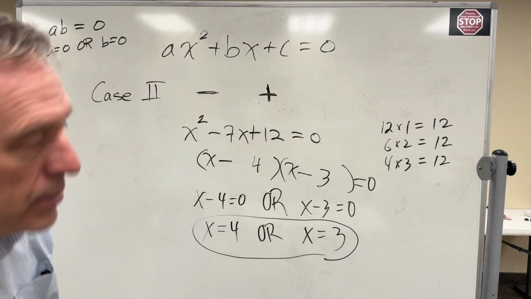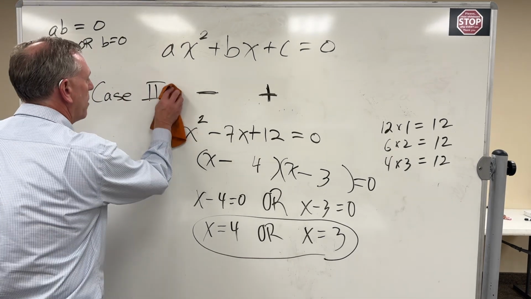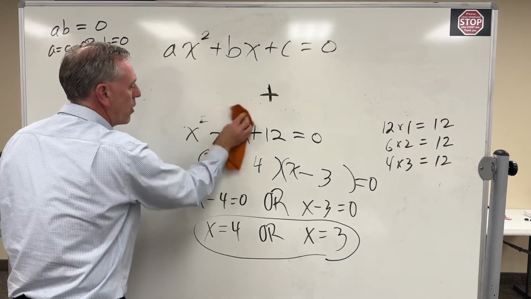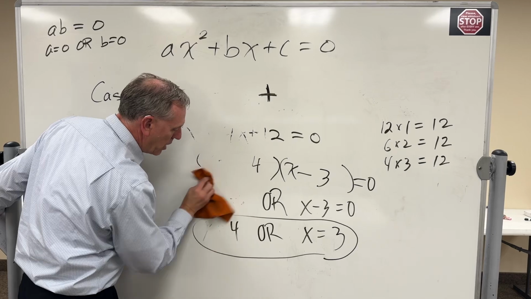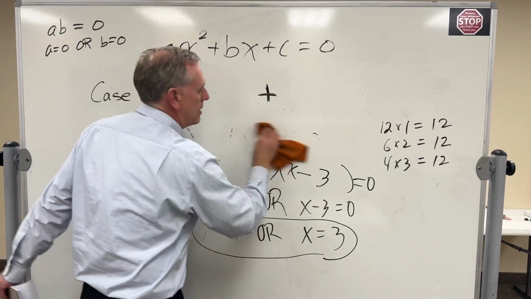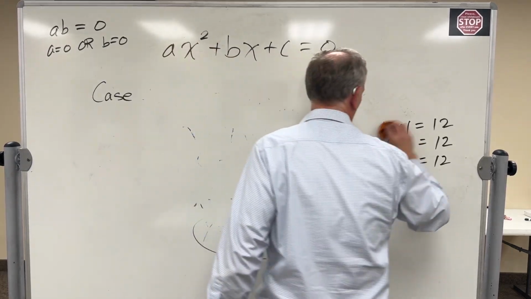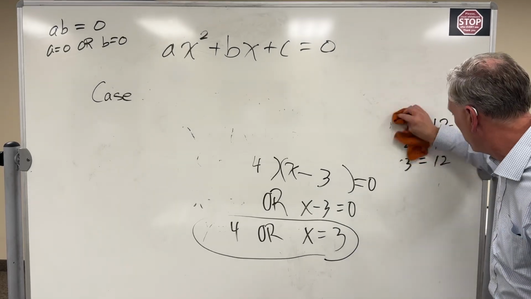And so that's how to do that one. Now, cases 3 and 4 take on just a slightly different approach. Instead of adding these numbers together, we're going to take the difference between the two numbers.